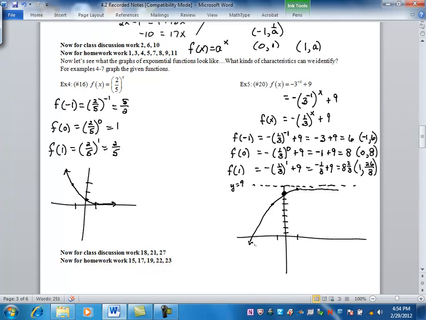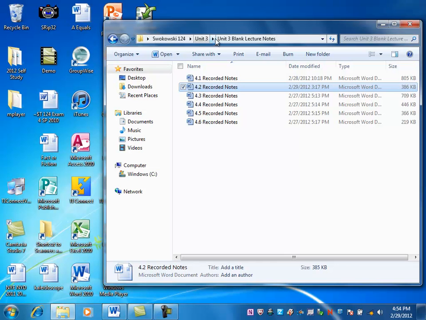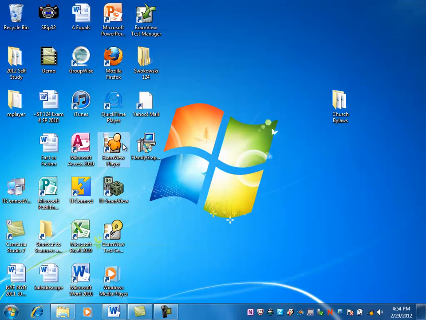And you said, well, I thought you were going to talk about the shifts and stuff like that. Well, let's pull our calculator into action. So give me a minute here to activate our calculator. We will see that it's shifted.